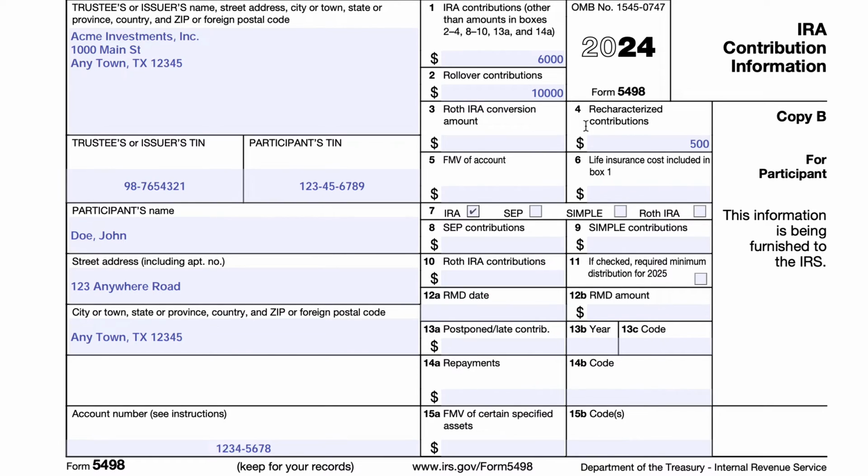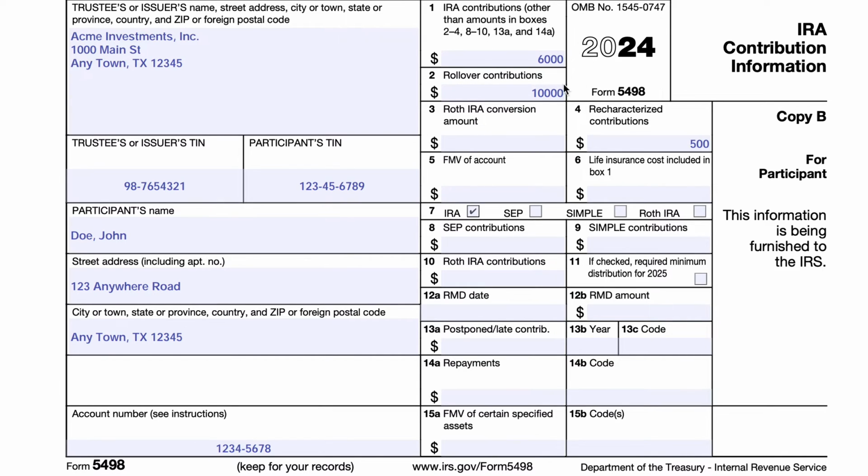In box 1, IRA contributions for the year. These are specifically just straight up traditional IRA contributions. They do not include any of the items that are set out here.